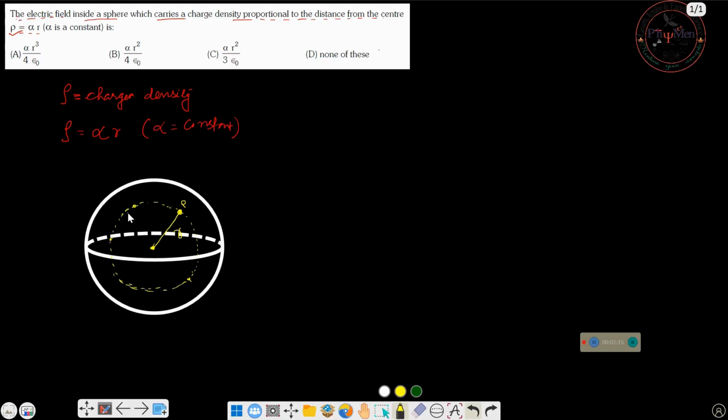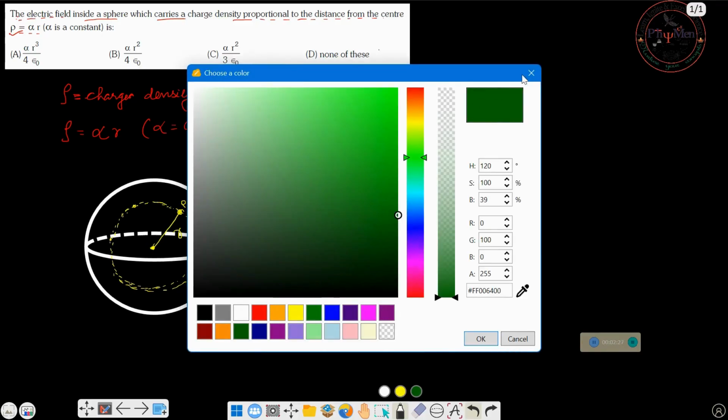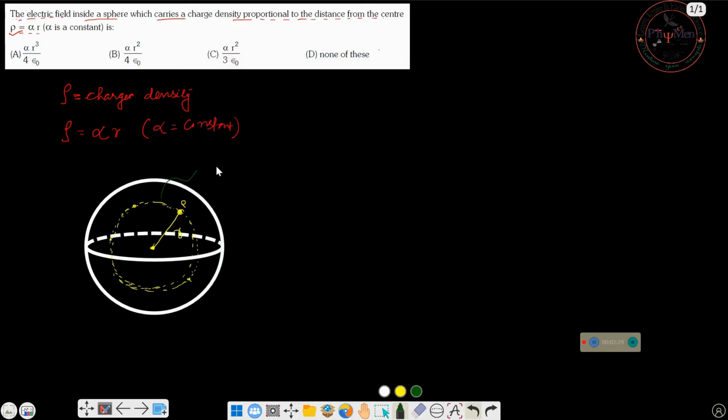Surrounding this particular point P, we will draw a spherical Gaussian surface.